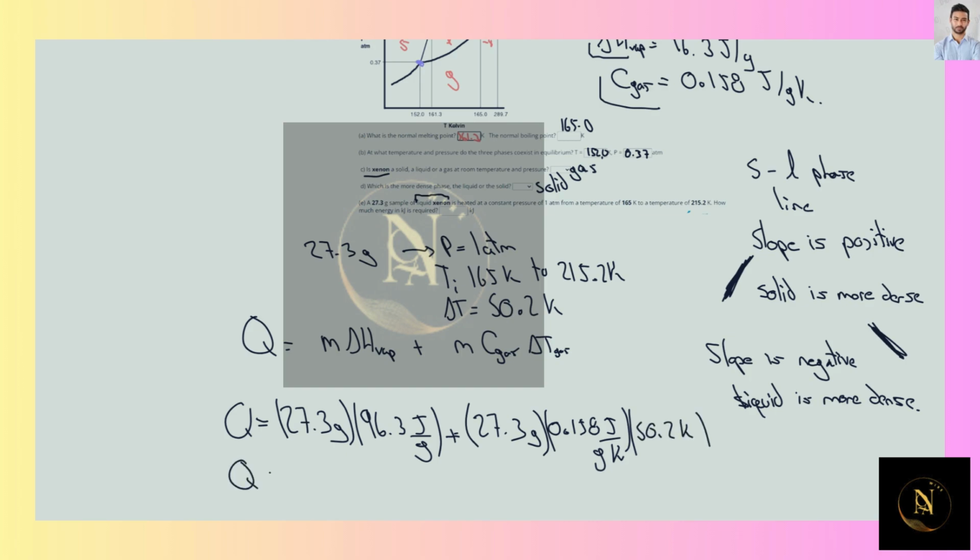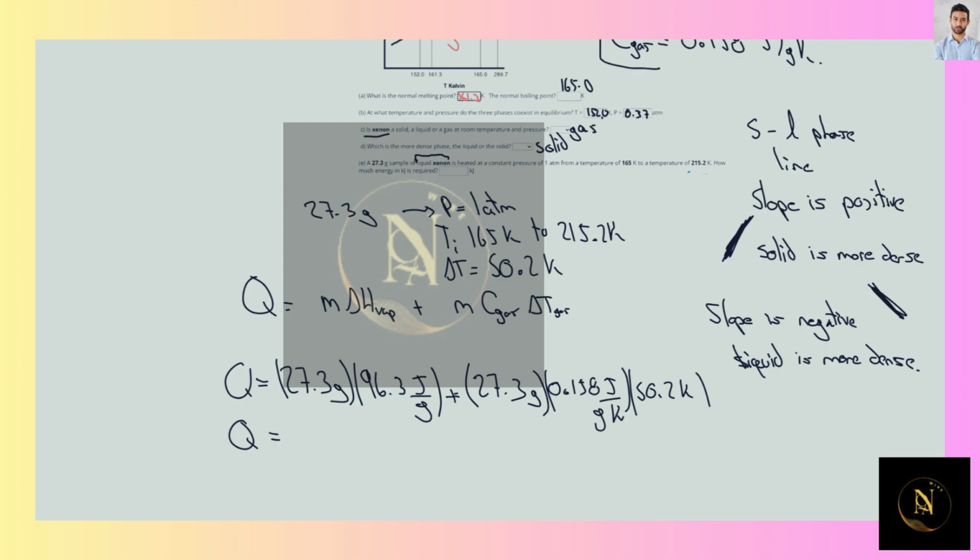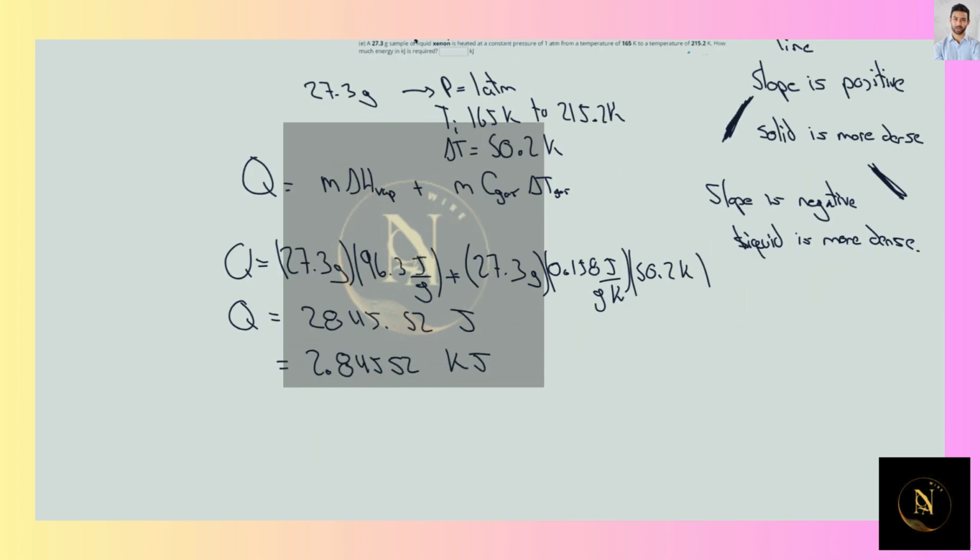This gives us a total heat of 2,845.52 joules, or 2.84552 kilojoules, which would be our final answer.